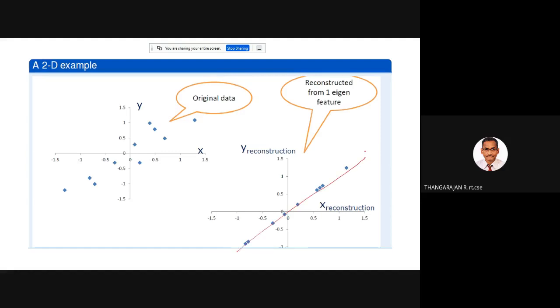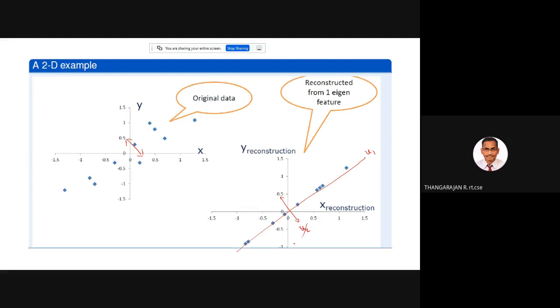This is U1, whereas the dispersion along U2 is not there. That has been removed. All the variance is only on the U1 side, and on the U2 side there is no variance. I have eliminated U2.